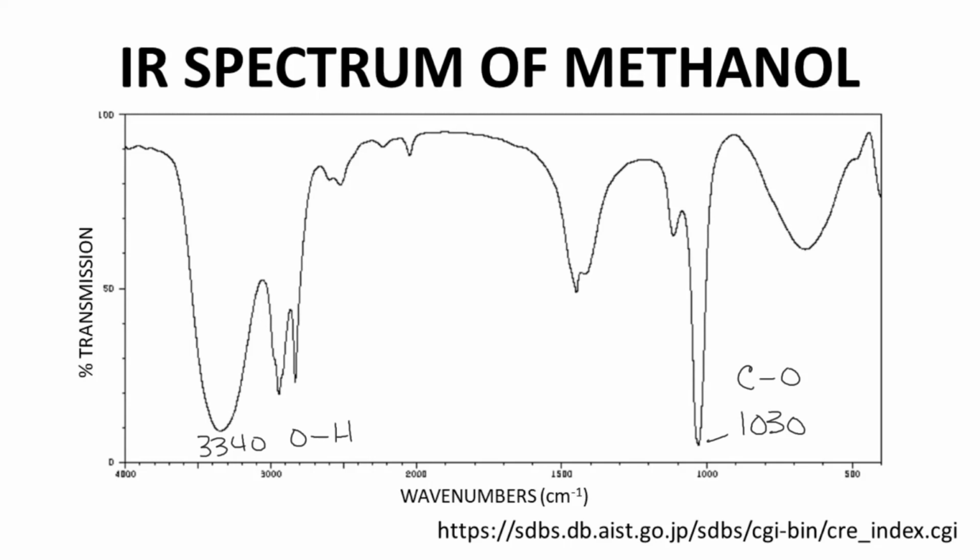Now, we already know what this molecule is. It's methanol. But these signals, a CO stretch and OH stretch, are consistent with the identity of the molecule. Based on the data, we know that the molecule must contain an alcohol. And of course, methanol does contain an alcohol.